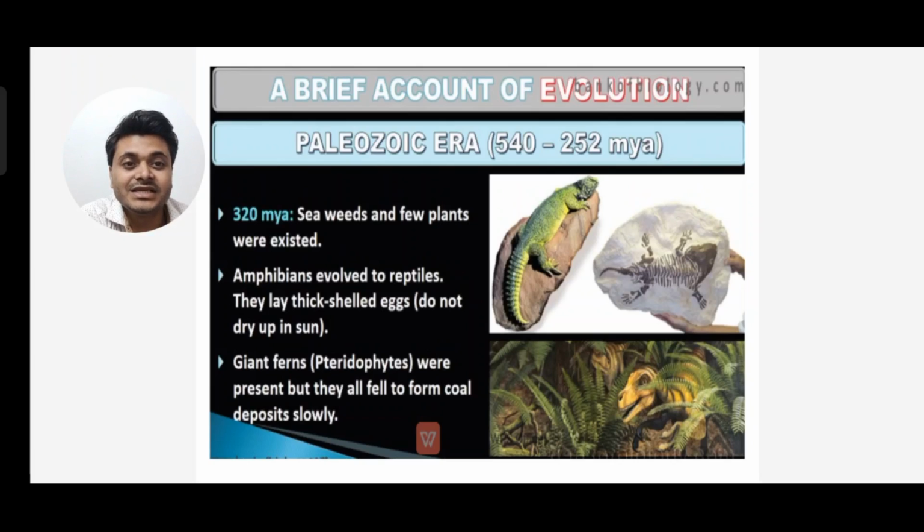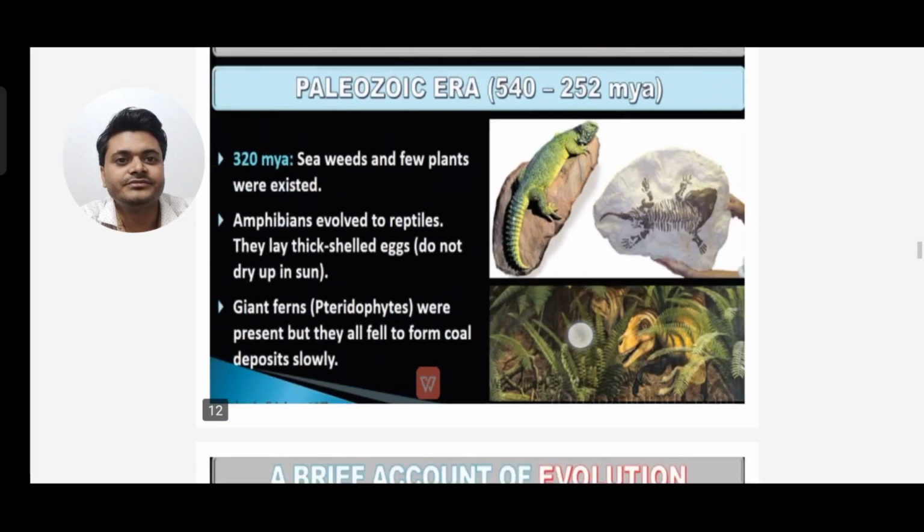They lay thick shelled eggs, so they do not dry up in the sun. Giant ferns like pteridophytes were present, but they all fell to form coal deposits slowly. You can see the pictures given on the right hand side.